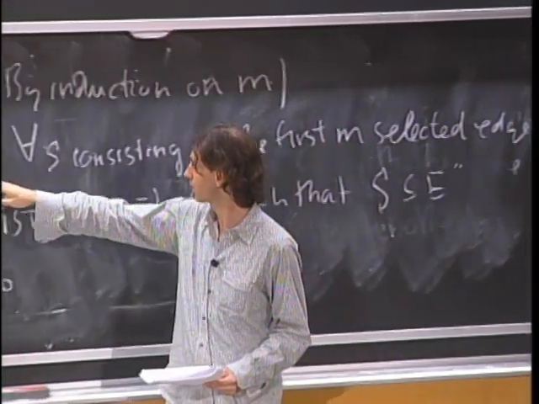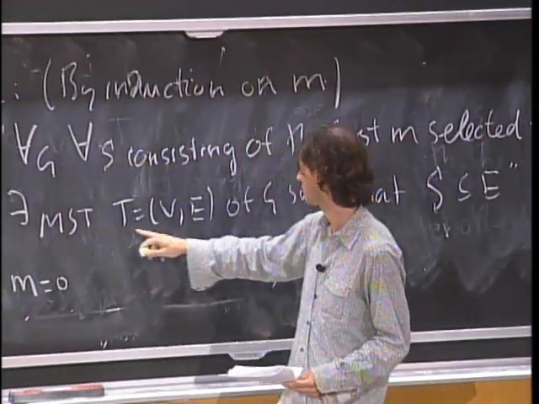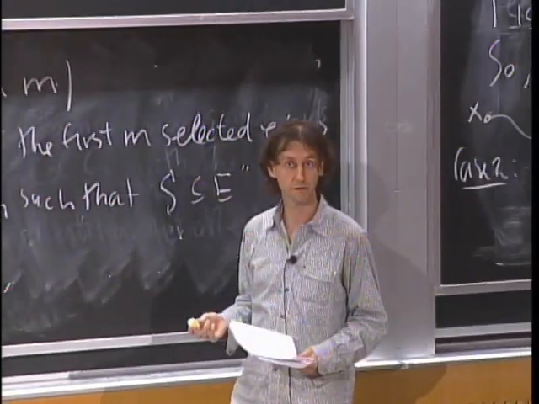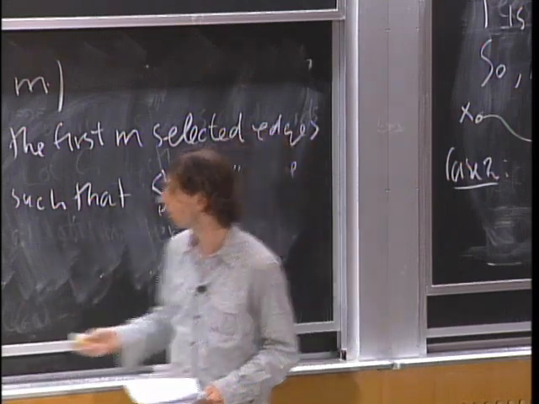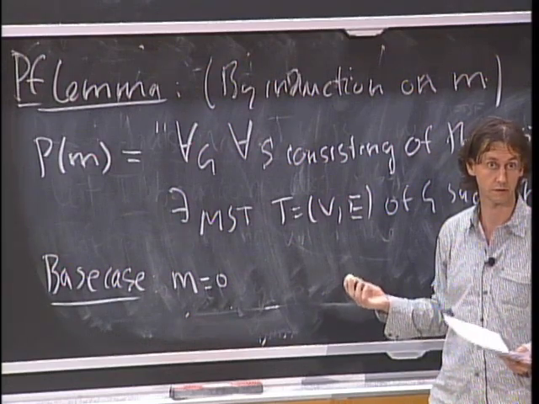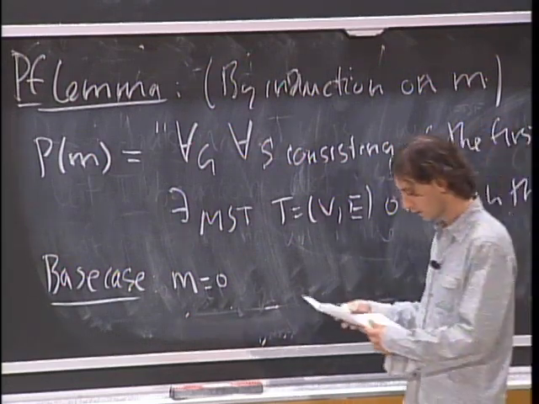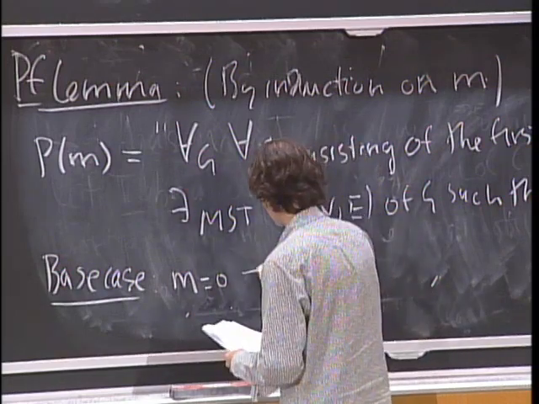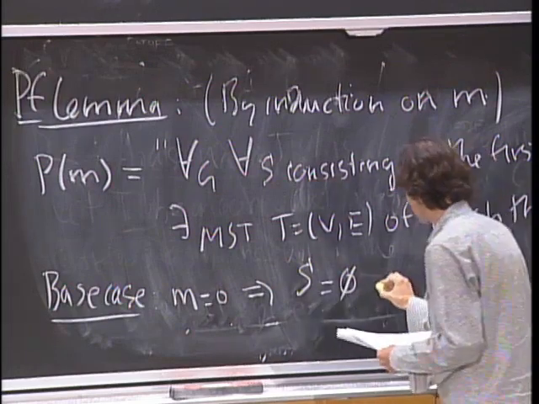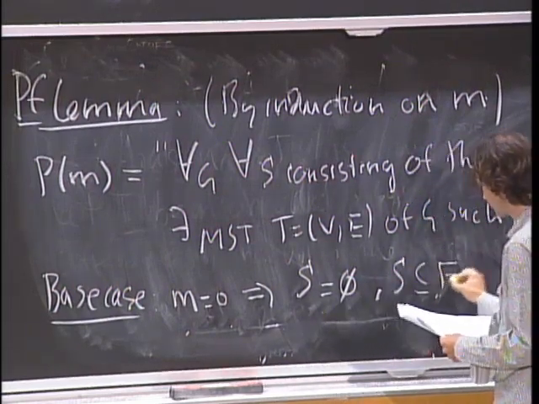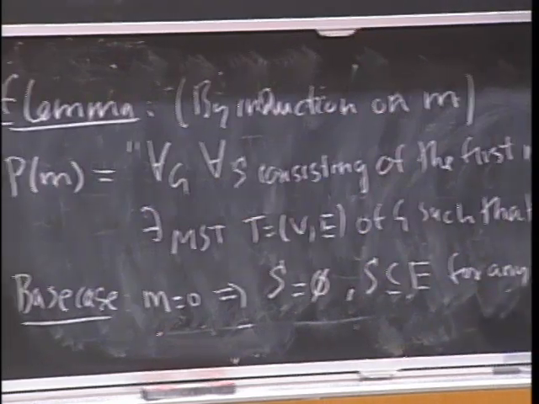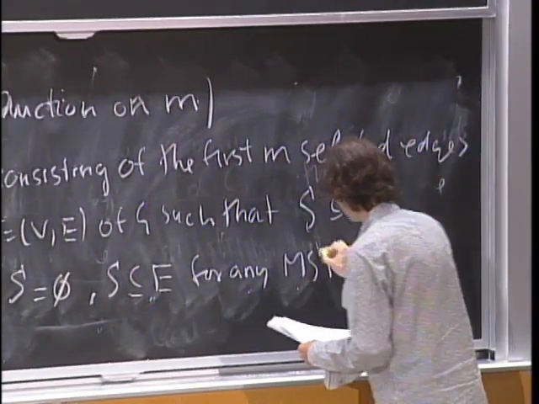So that's no problem. So what I need to prove is that for all G, there exists a minimum spanning tree of G. And this is where our previous theorem comes in, because we showed that for all graphs G, there exists a spanning tree, and if there exists a spanning tree, there also exists a minimum weight spanning tree. So that's the base case. So m equals 0 implies that S is equal to the empty set. So that means that S is definitely a subset of the edges of a minimum weight spanning tree.